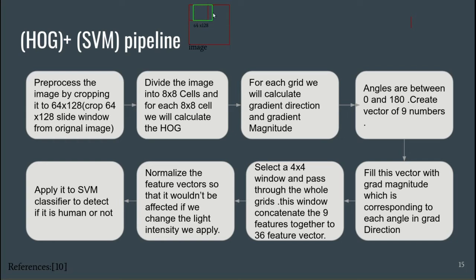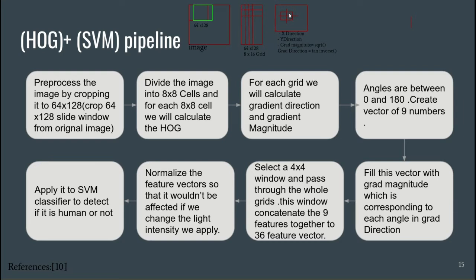Then I will have another sliding window of 64 times 128, and also calculate HOG plus SVM for it, and so on. Then for this cropped image, I will divide it into 8 times 8 cells, so I will have 8 cells here and 16 cells here.